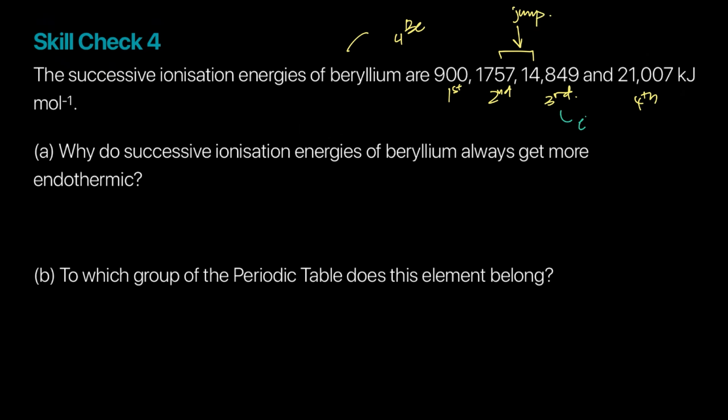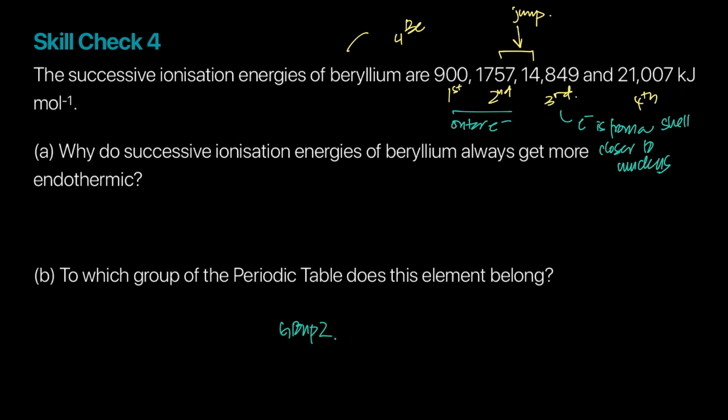Because the jump is between the second and the third, the third electron is being removed from a shell closer to the nucleus. That's the indication that the third electron, which required 14,000, was in a shell closer to the nucleus. Therefore, the first two electrons were the outer electrons, which means there are two electrons in the outermost shell, which makes beryllium part of group 2.